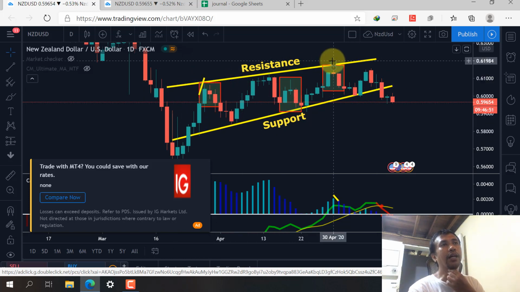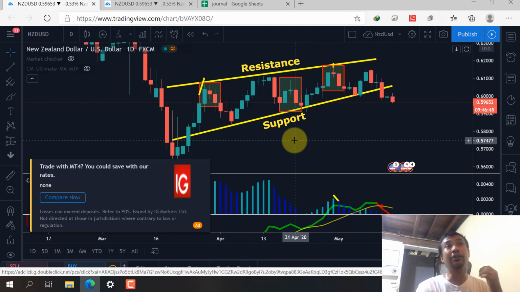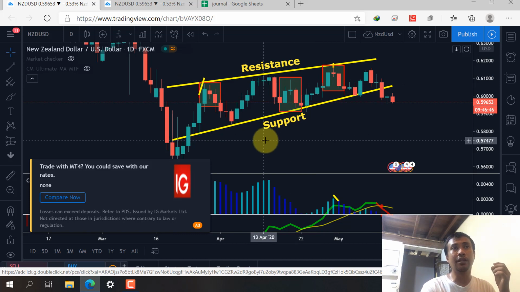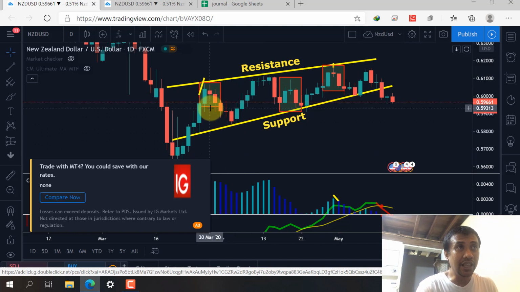And actually, for the pattern trader, this is a rising wedge. Some traders are trading on this kind of pattern. Then, after you have already spotted the support and resistance, what you're going to do is spot the candlestick that is forming like this.